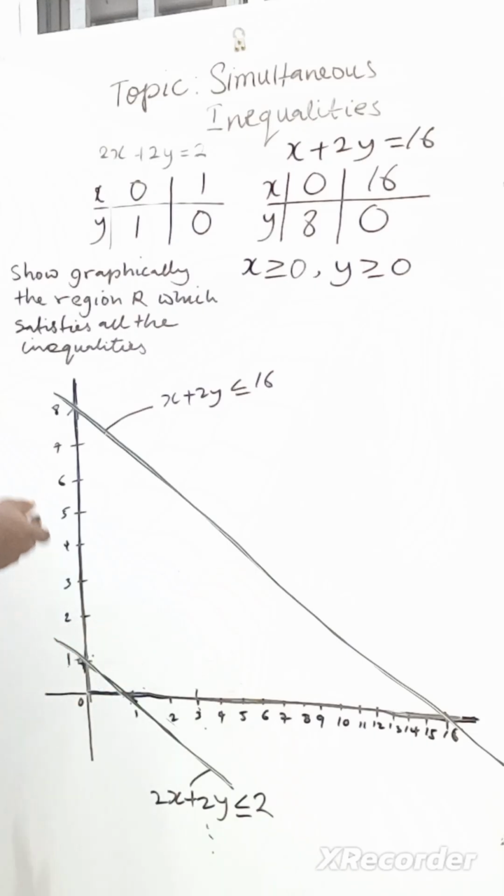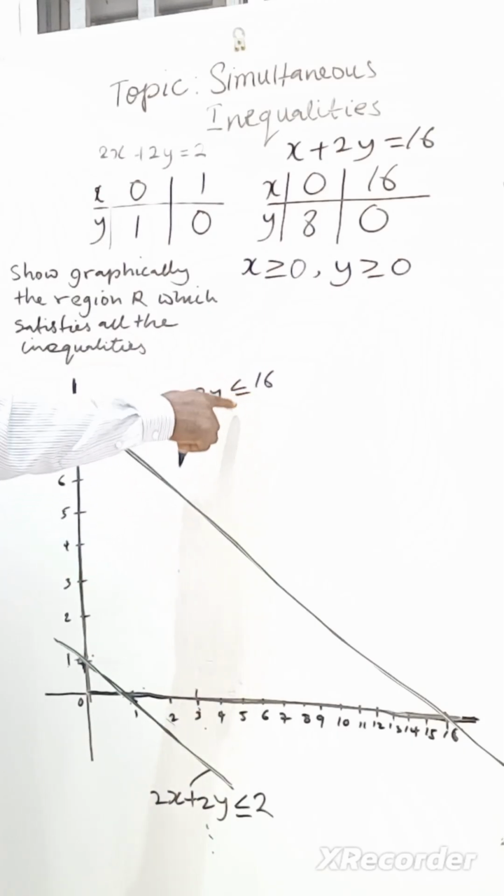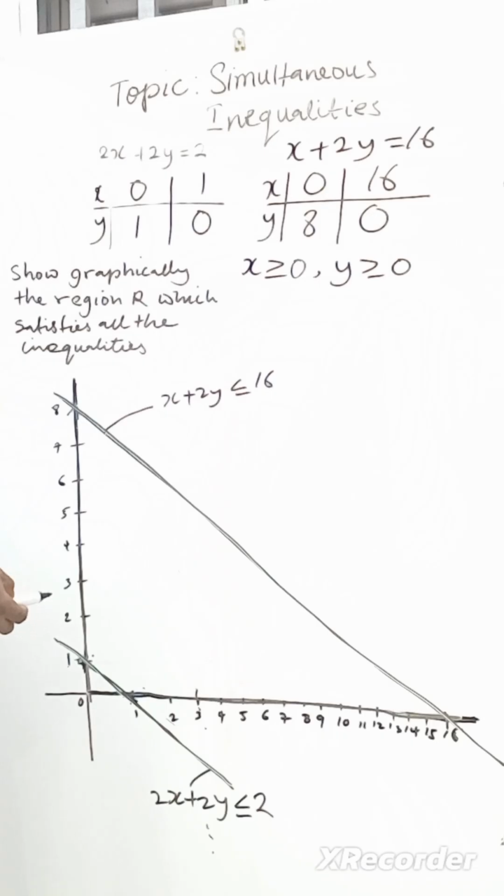So the next thing I need to do is shade the graph. Now to shade the graph, because the inequality sign here is less than or equal to, it means that I will shade my graph to the left.